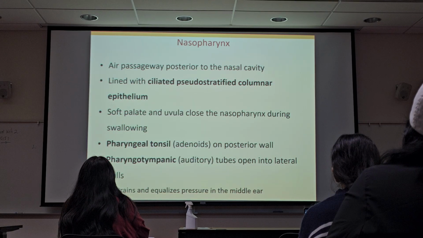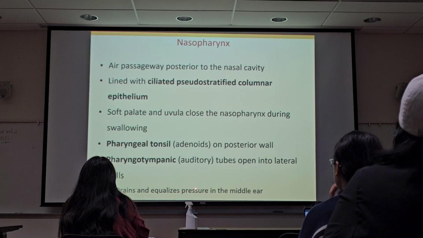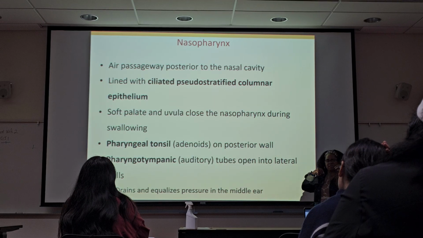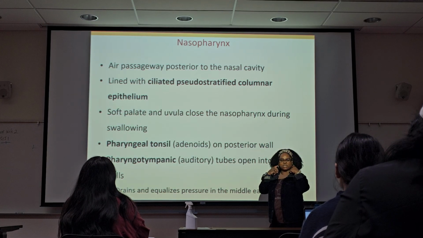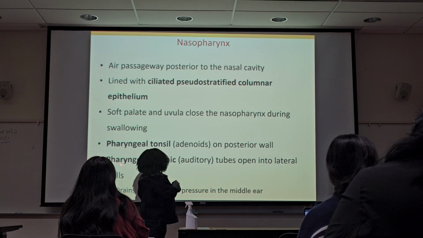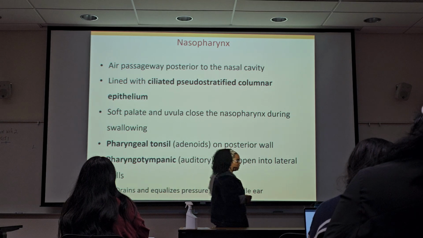This is where we can get some drainage from the ears, and also some pressure being equalized. In a plane, anyone ever had their ears just really hurting? That's pressure at the pharyngotympanic tube, the eustachian tube.